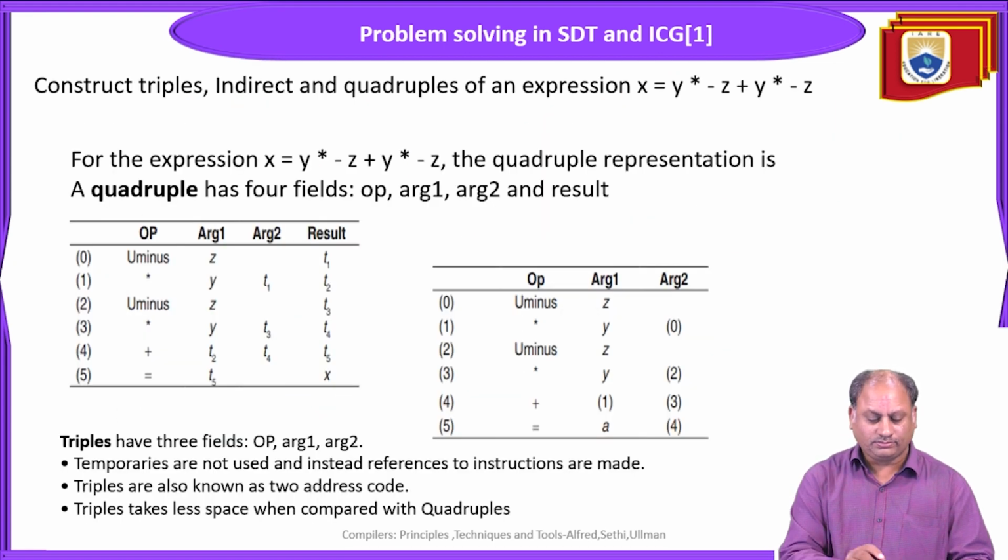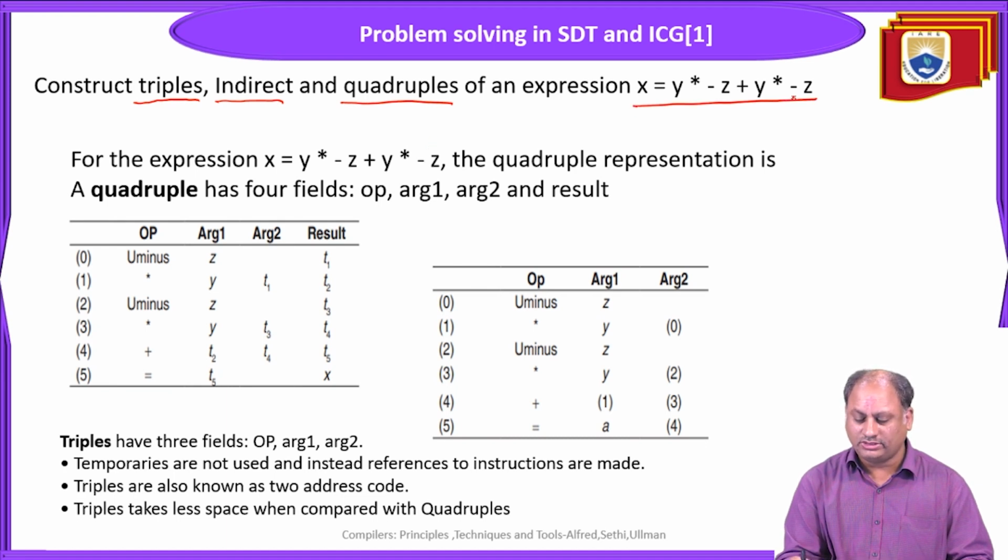Now one of the most important ones: construct triples, indirect triples and quadruples for the expression x equal to y star minus z plus y star minus z. Previously we have seen that equal to is an operator, and to the left we have y, and to the right we have star with left y and unary minus z.